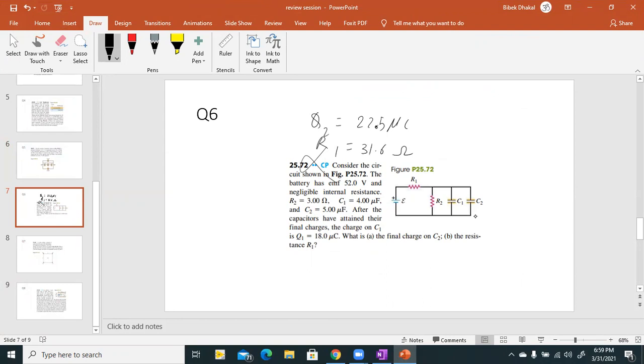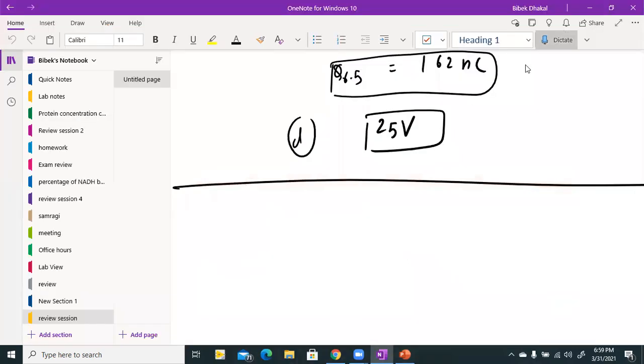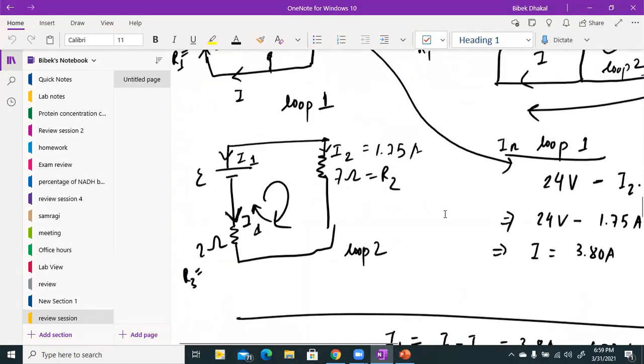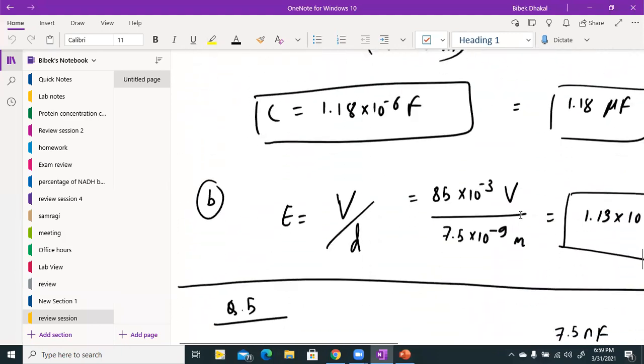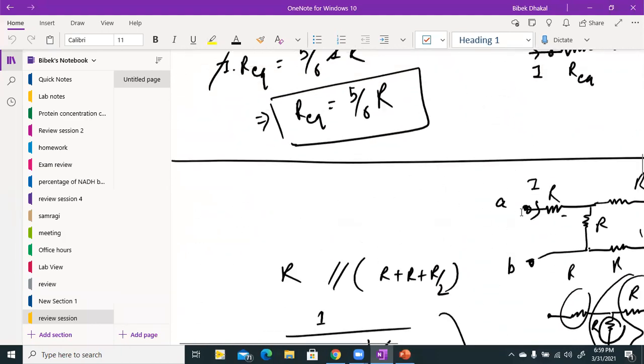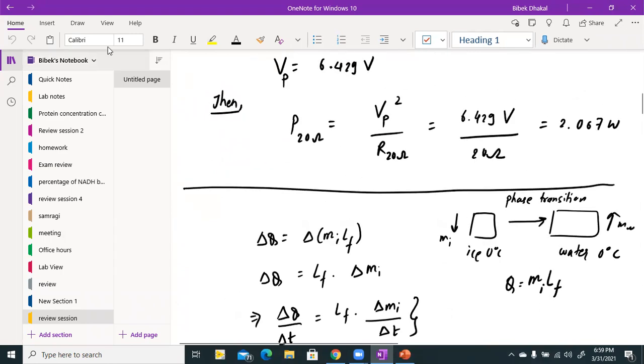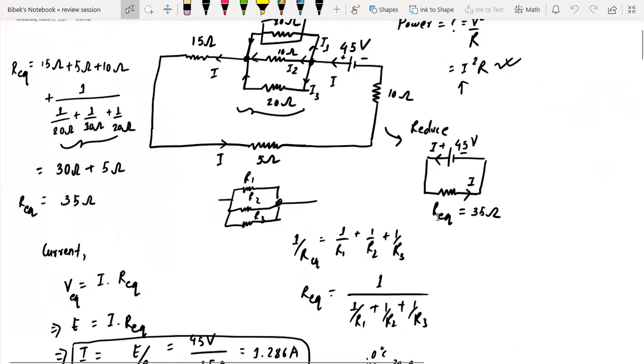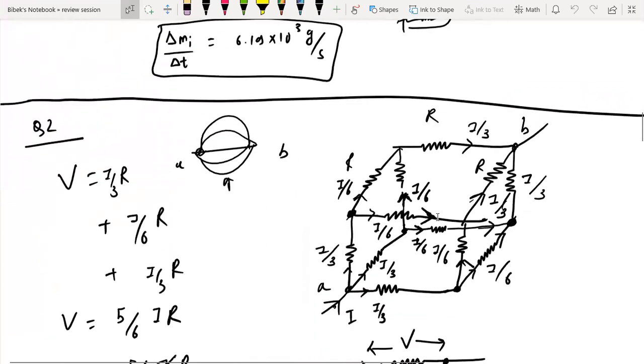It's a similar situation to the random problem I generated here when I was finding the equivalent resistors. So you can find the equivalent capacitance first and do it like I did here, okay?